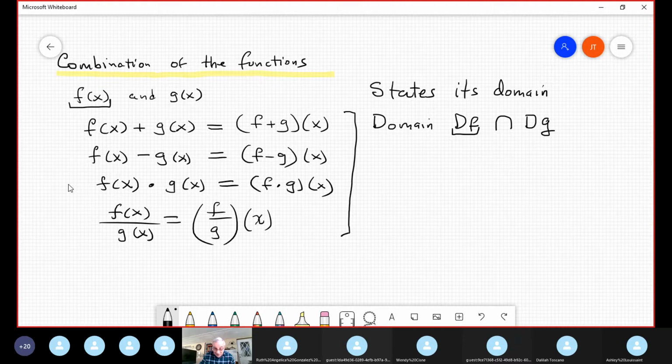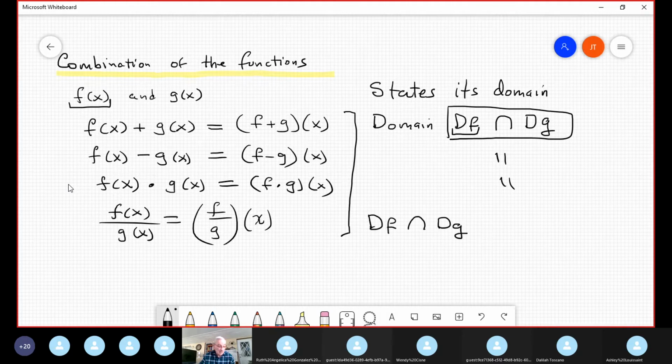This idea is valid in addition, in subtraction, exactly the same, in multiplication, but in division, no. In division, it's a little bit more complicated. It's the domain of f intersection the domain of g, minus the values x such that g of x is 0.